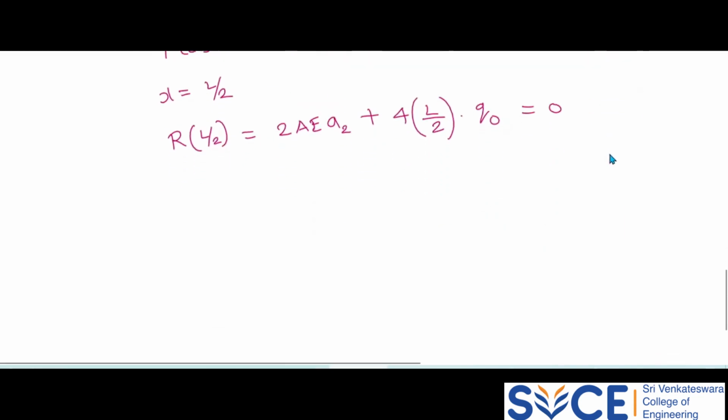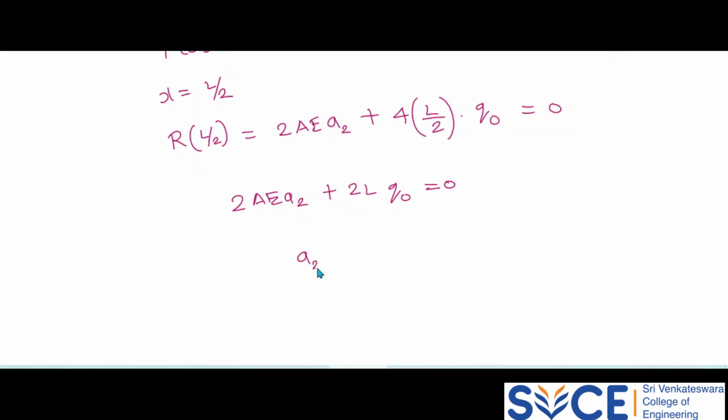So in that case what we'll get is 2ae a2 plus 2L q naught is equal to 0, the 2L cancels. So I need to identify a2.